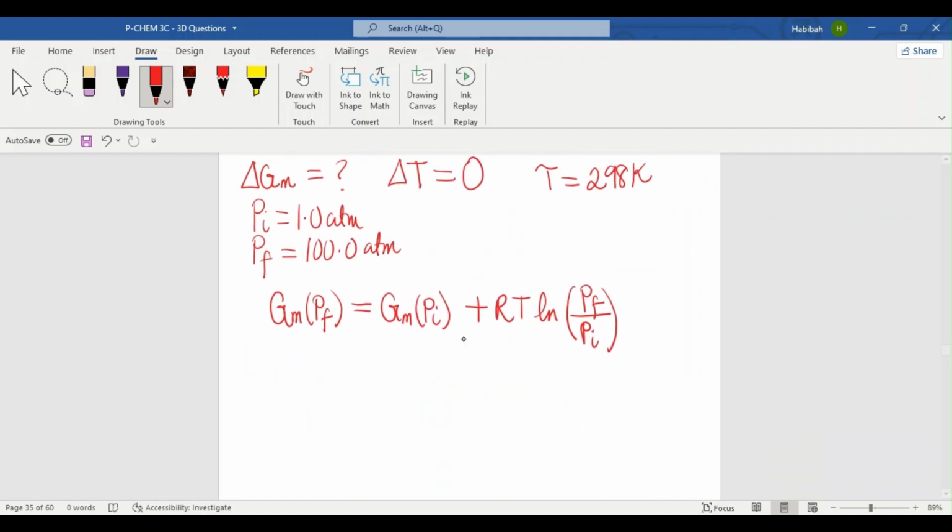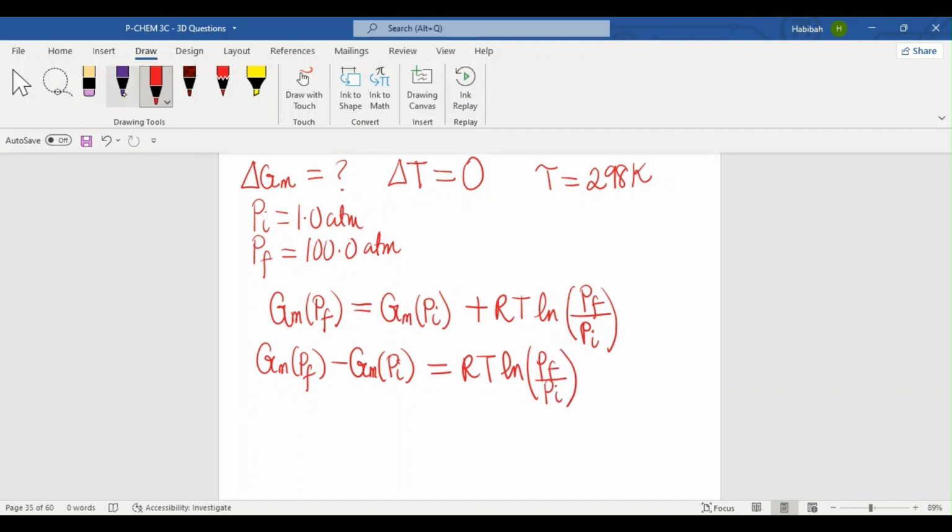Rewriting this formula, the molar Gibbs energy at final pressure minus the molar Gibbs energy at initial pressure equals RT ln(P final divided by P initial).